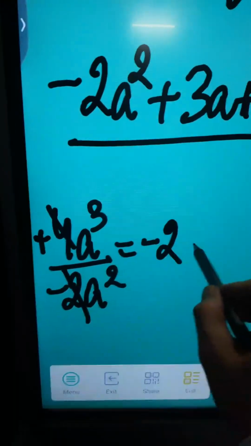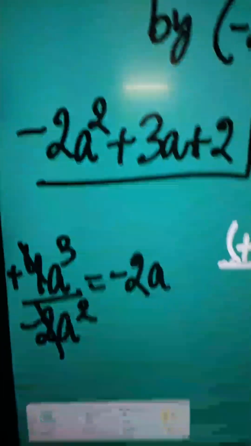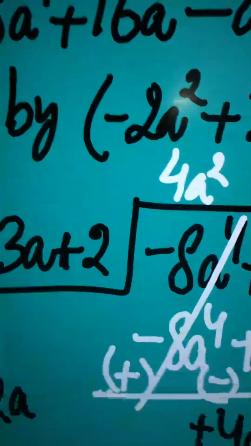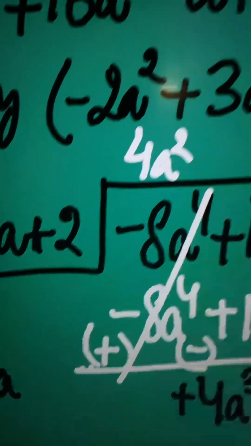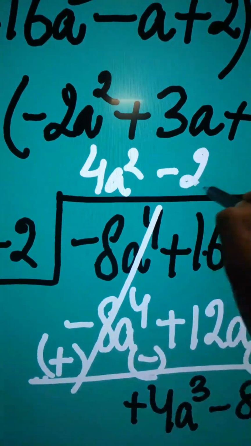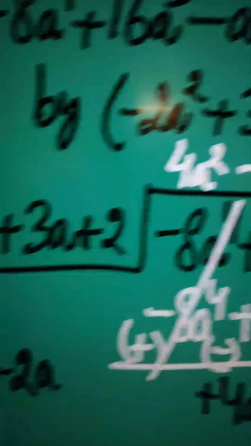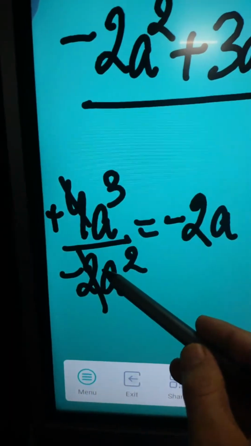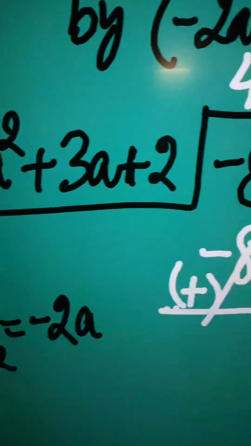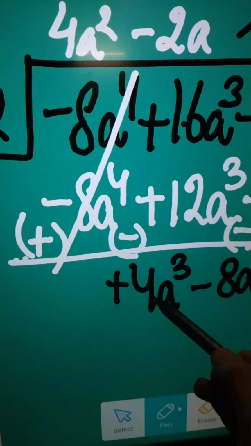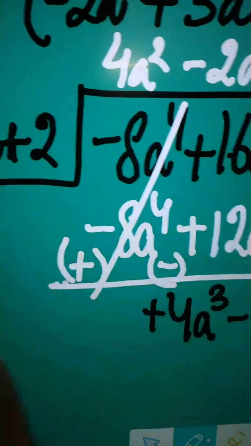A cube by a square will become a. So this minus 2a will be written here. From where did 2a come? From here. And how did this come? See the video explanation. 4a cube divided by 2a square. Now how did 4a cube come? You can check again the beginning process.